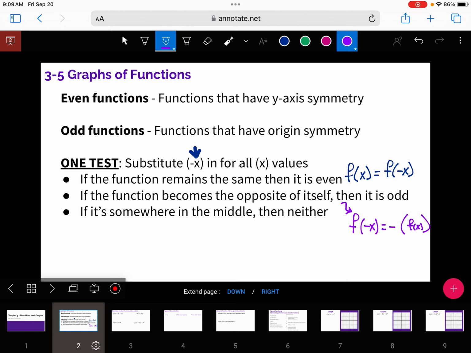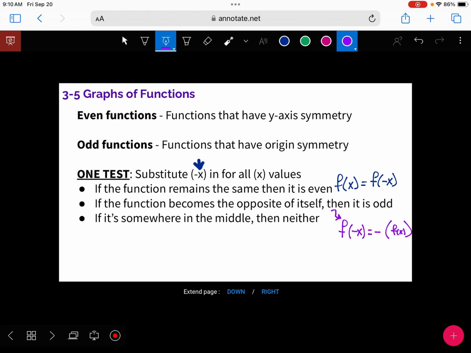So what we're going to do is start with looking at equations and seeing if it is even or odd or neither. It's a way of doing a symmetry test that's a little bit faster. Just to be fair, just a faster symmetry test.